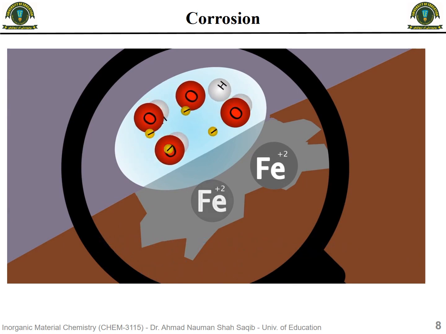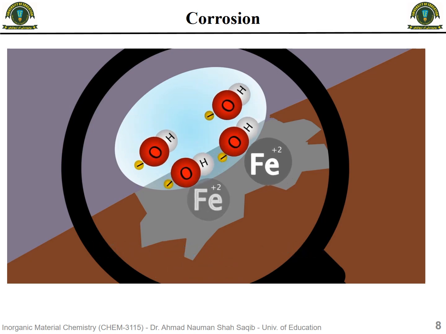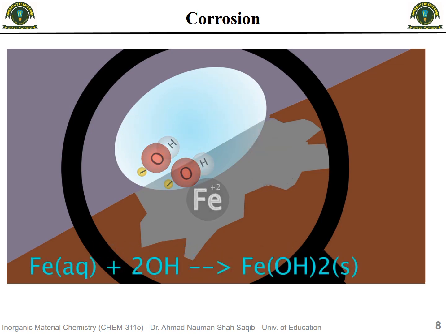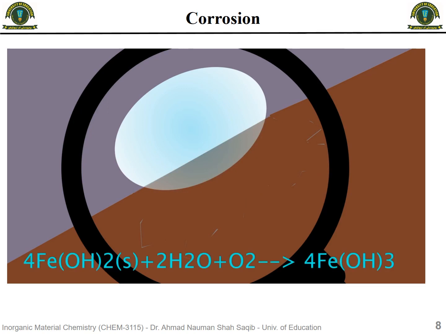Next, electrons are released and flow throughout the droplet, where the oxygen dissolved in water receives electrons to form a hydroxide ion. This is the reduction process. Next, iron 2 ions combine with hydroxide ions to form iron 2 hydroxide. Finally, iron 2 hydroxide reacts with water and oxygen to form iron 3 hydroxide, which is also known as rust.